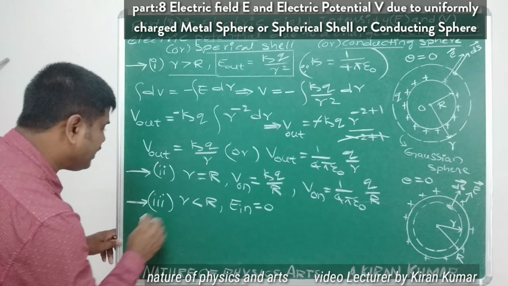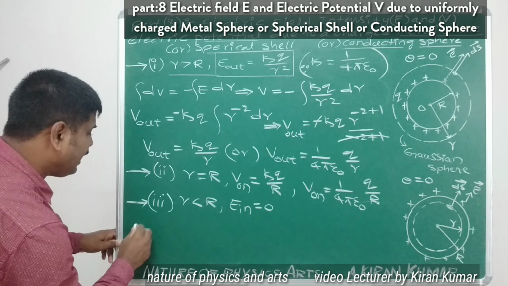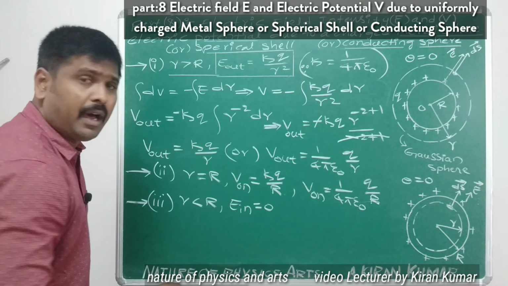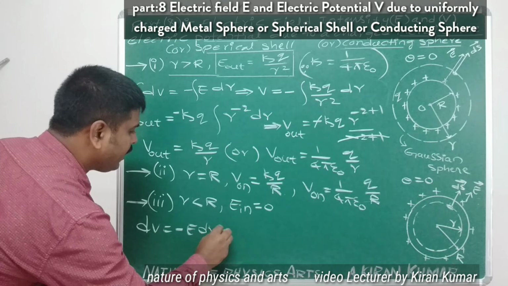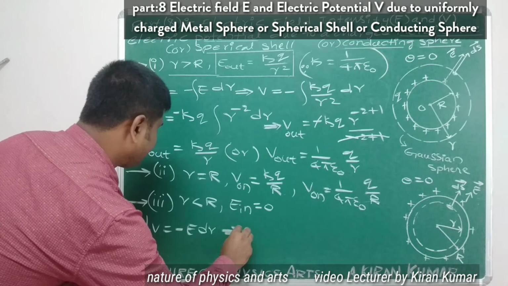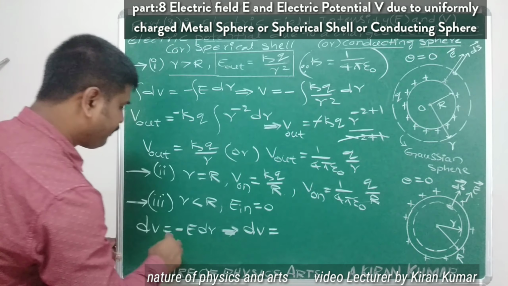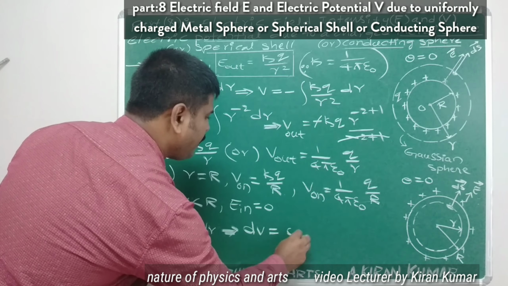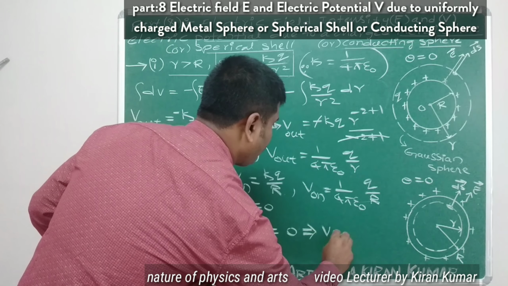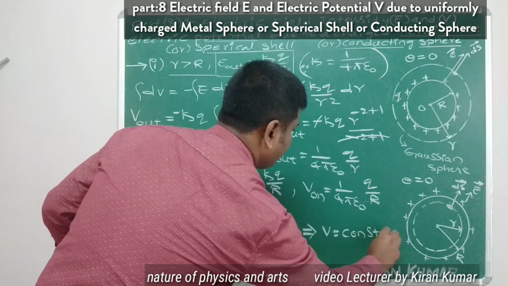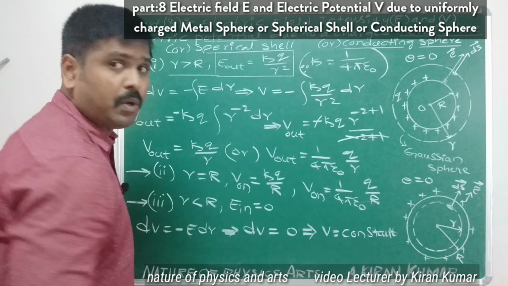So we can write the E-V-d relation: E is equal to minus dV by dr, then dV is equal to minus E dr. From this equation, E is 0, and 0 into anything is 0, so we get V equal to constant. The differentiation of a constant is 0, which is why V is equal to constant.